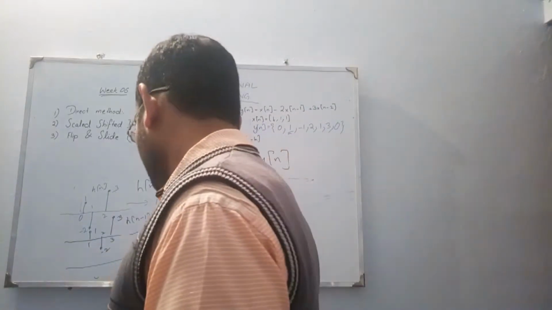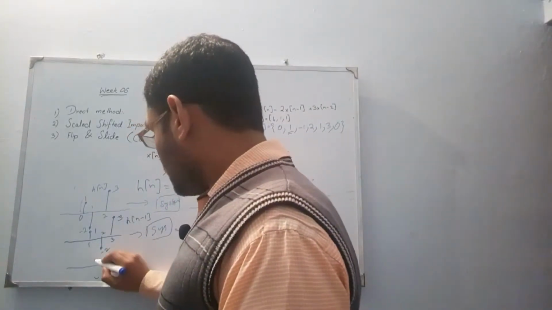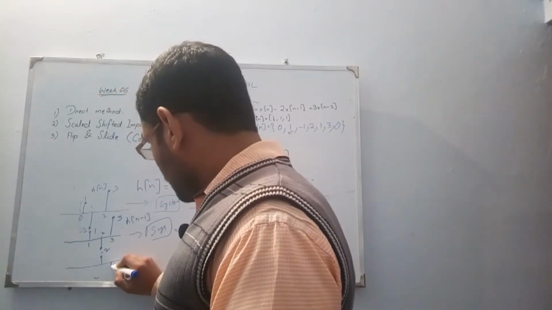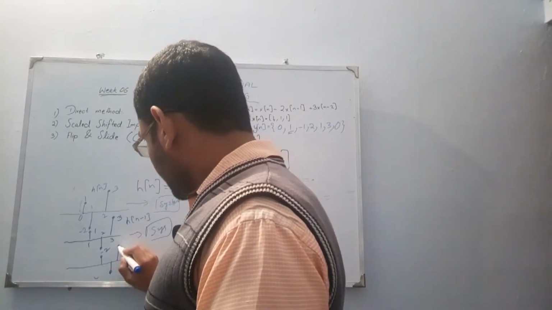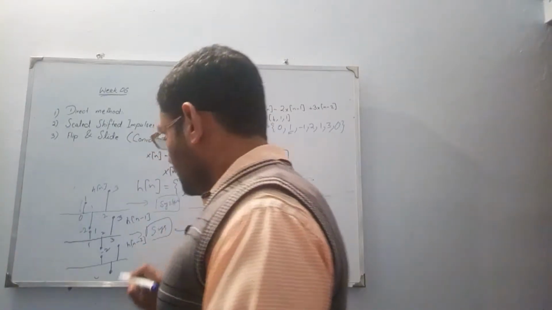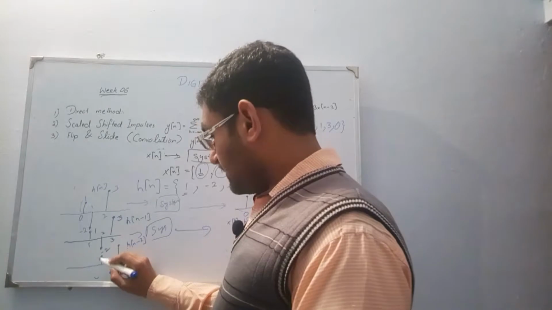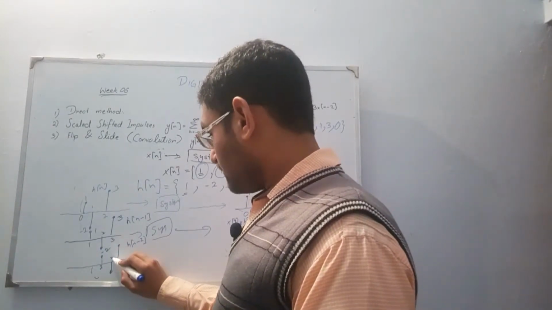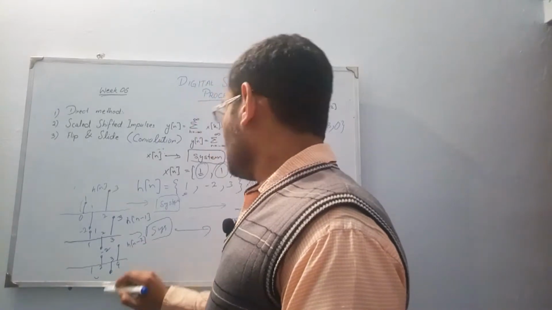And in the third case, I am going to have the shift of minus 2. So it will shift to 2, 3, 4.